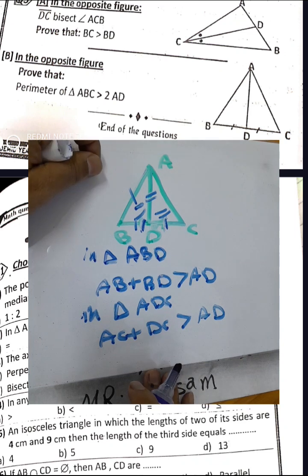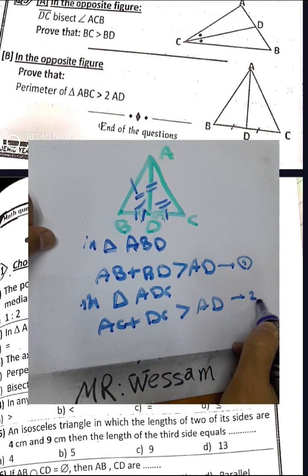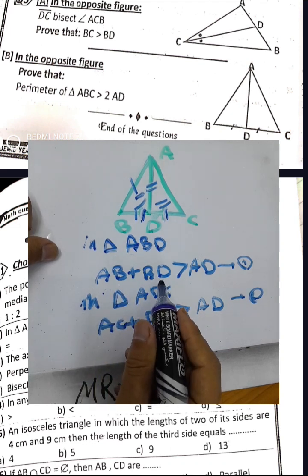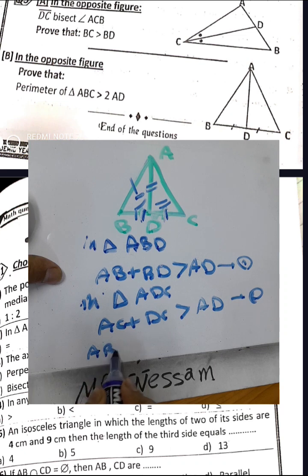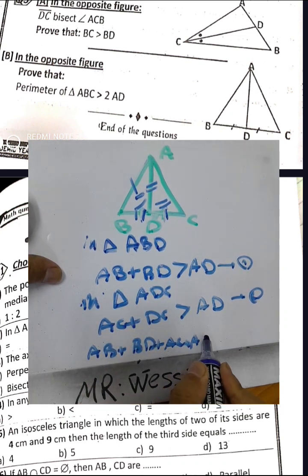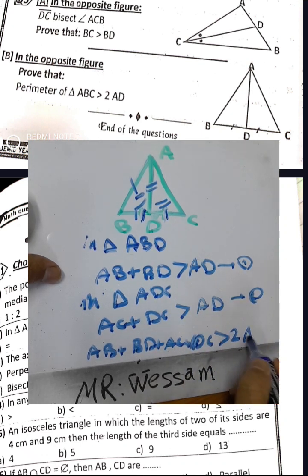And then you can add relation 1 and relation number 2. AB plus BD plus AC plus DC, you can add them. You can write AB plus BD plus AC plus DC greater than AD plus AD. It will be 2 AD.